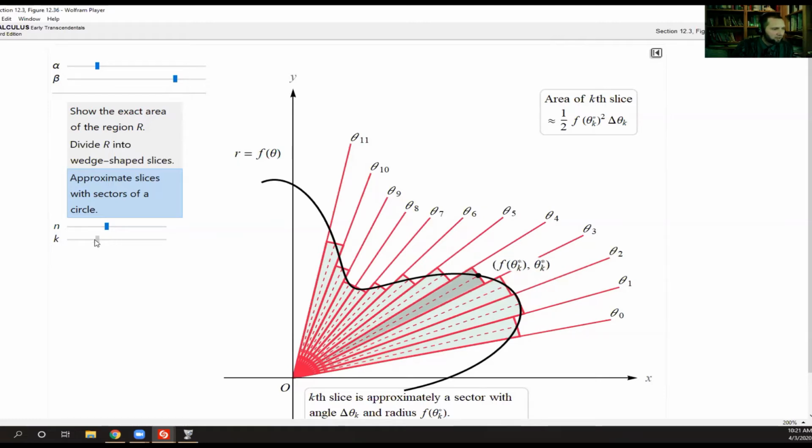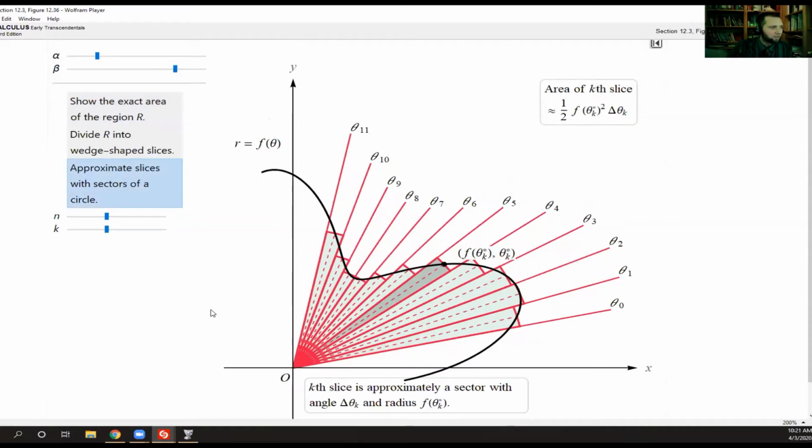So you've got the area of each individual sector. You add up all those individual areas. That gives you an approximate area. Take the limit, and you get the exact area.